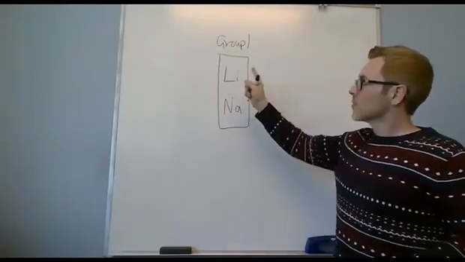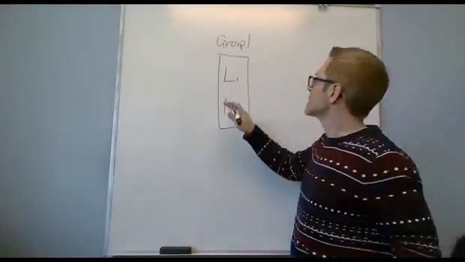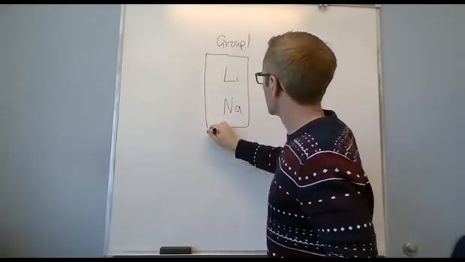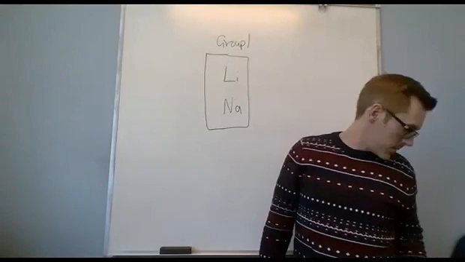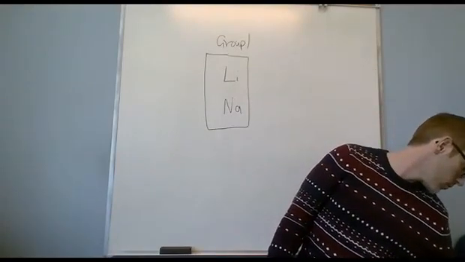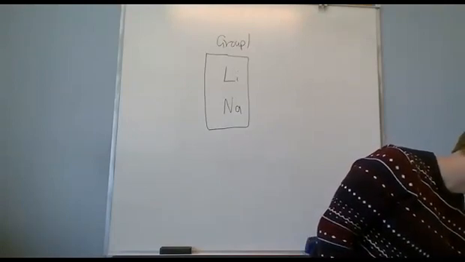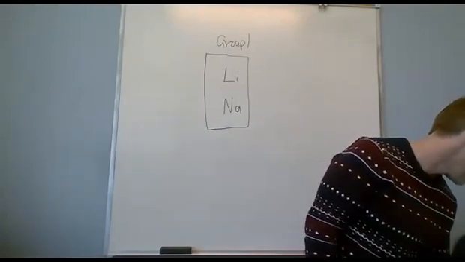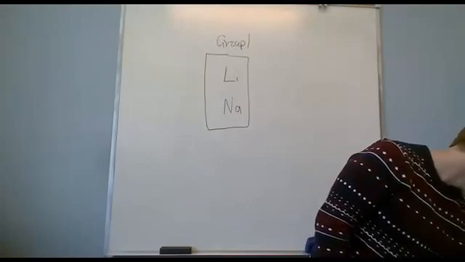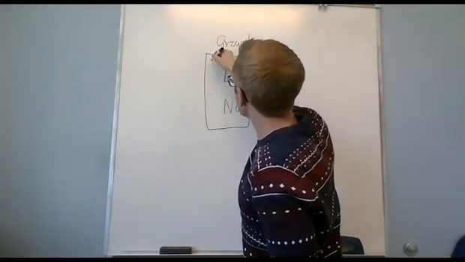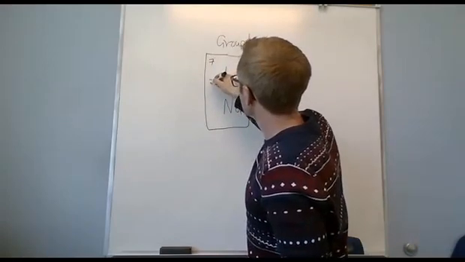Okay. Let's look at lithium. We can see from the periodic table, let's put the numbers in. Lithium, if you round it, is about 7 and 3.